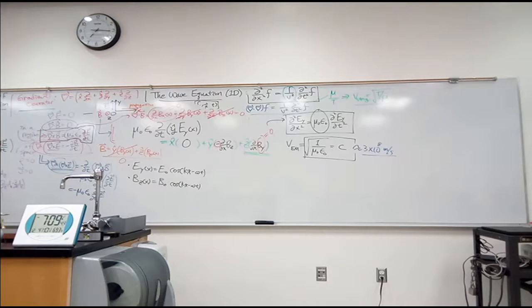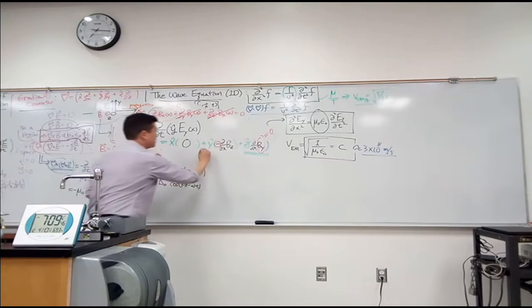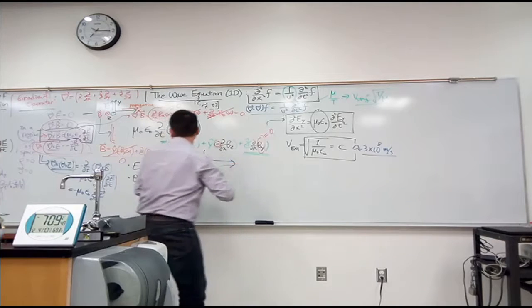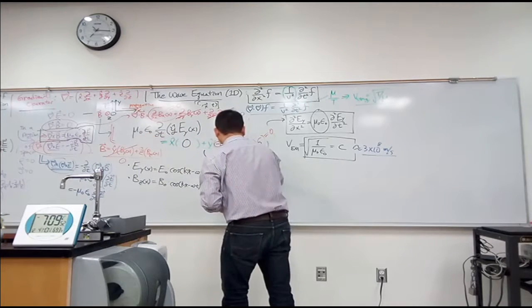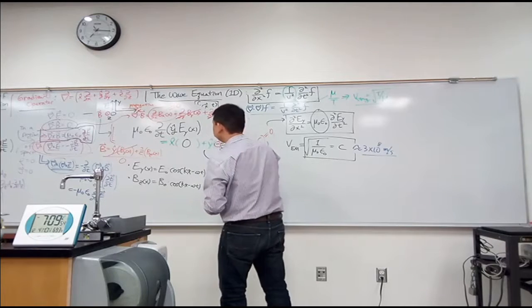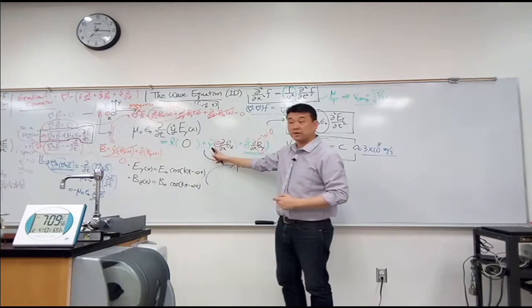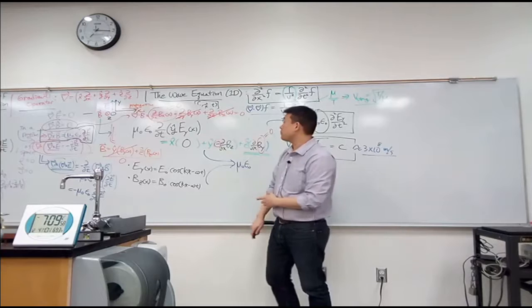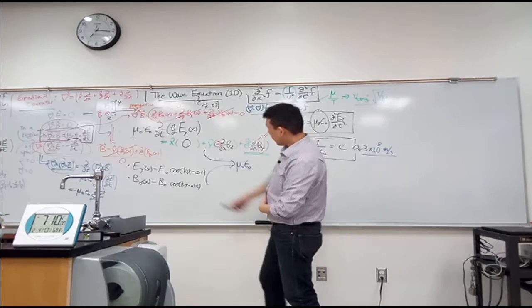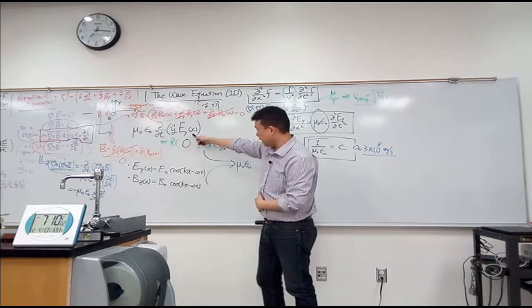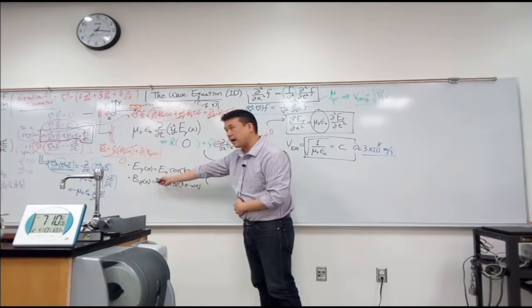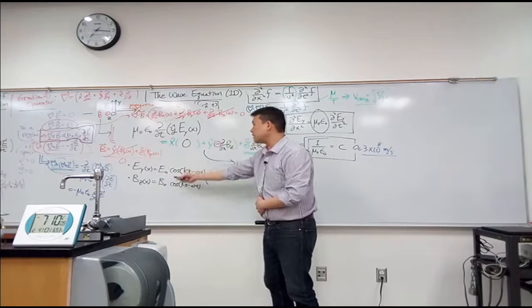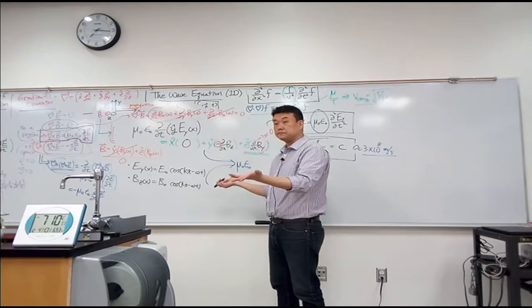So when I plug them in, this is what you end up with. The left-hand side will look like mu naught epsilon naught. I'm going to skip the y hat because I know I'm dealing with the y component. I'm taking the time derivative of the electric field, so I'll get a factor of minus omega out, but cosine, so it'll be plus.